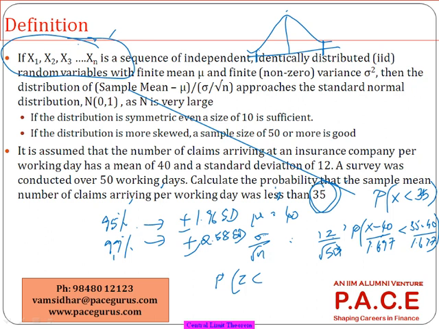In this context, you can use the central limit theorem more and more effectively. If the objective is to find out in what range the population mean will lie, or the probability that the population mean is less than or equal to something, or greater than something, we can very well use the central limit theorem.